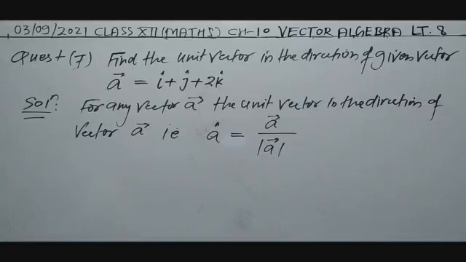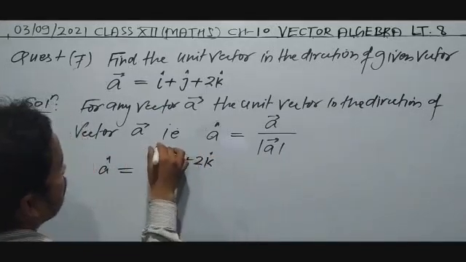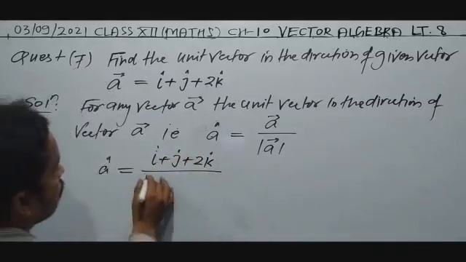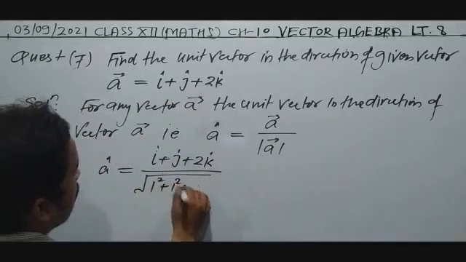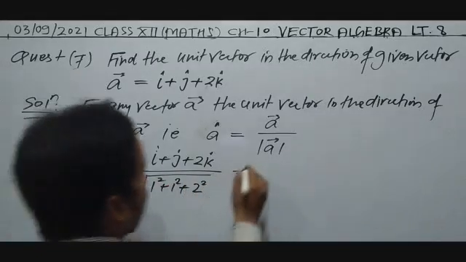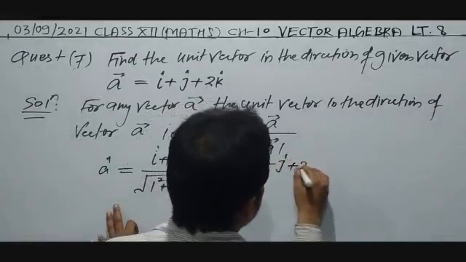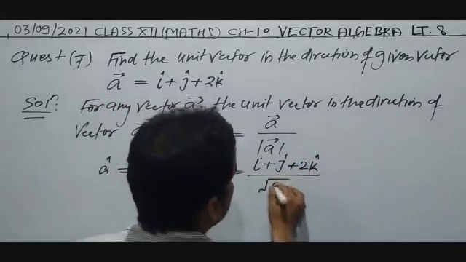Now we have to put its value. So unit vector in the direction of vector A, that is i plus j plus 2k, upon root over modulus of A, this is 1 square plus 1 square plus 2 square. Now its result we can write i plus j plus 2k whole upon root over 1 plus 1 plus 4, that is 6, root over 6.